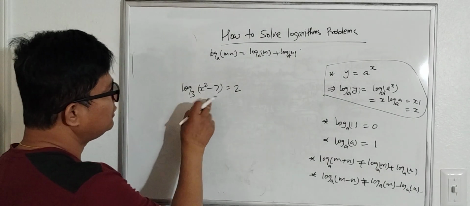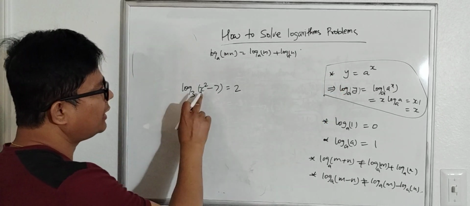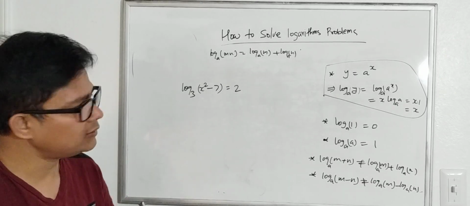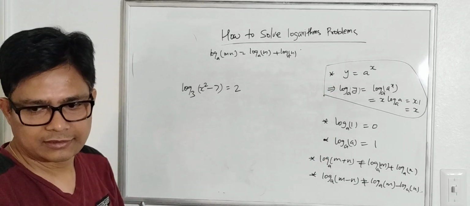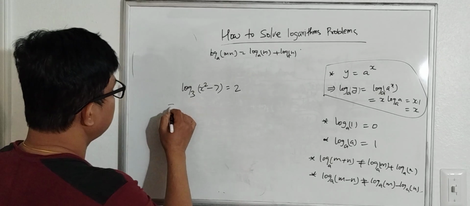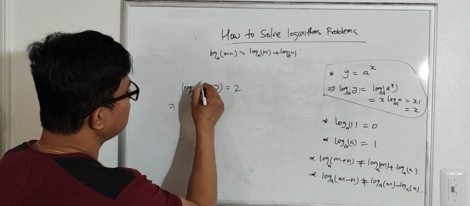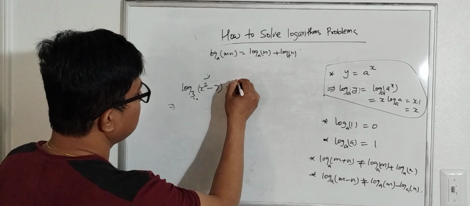So what I have to do, again, look at this one. Since I have to find the value of x, I have to get rid of log. And to get rid of log, I have to use this conversion from log to exponent. So my a is this 3, my y is this, and my x is this.